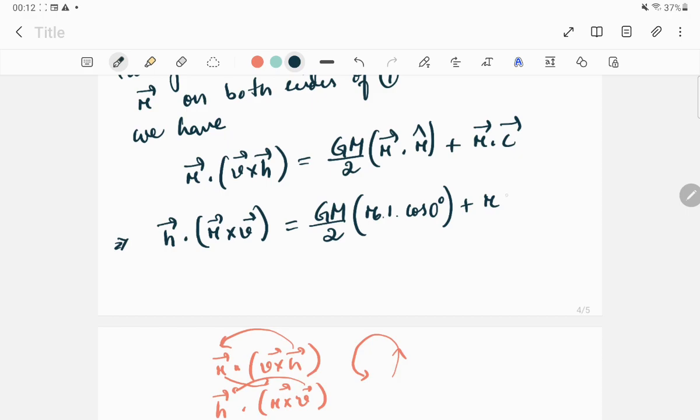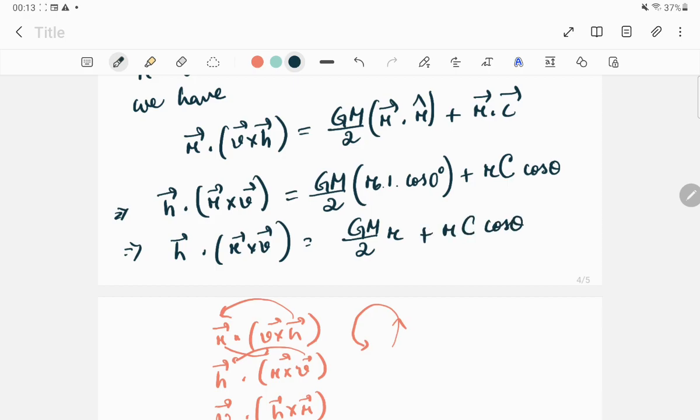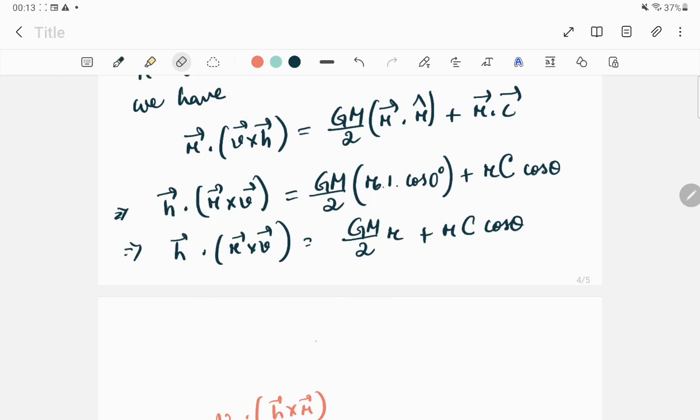And this is r, modulus of r, modulus of c, and then we have cos theta. So we have further simplified like this. It is GM by 2, and it will be simply r because cos theta is equal to 1, and then we have rc cos theta. Let me remove this part.